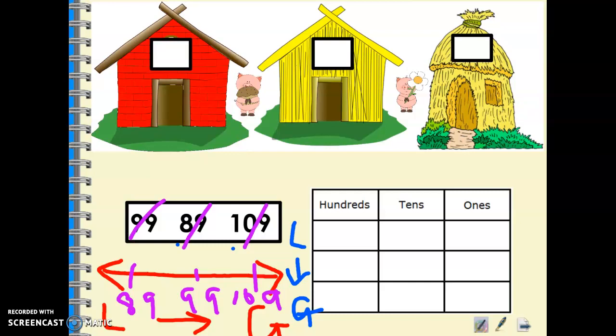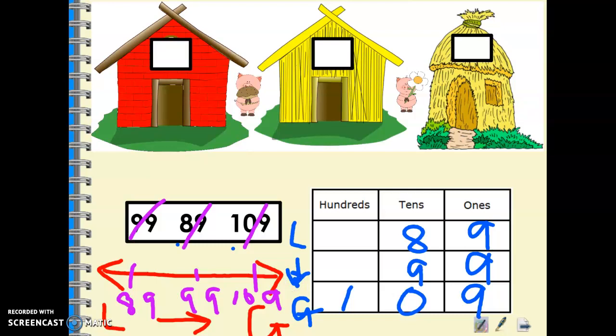So our least would be 8 tens, 9 ones. The next one is 9 tens, 9 ones, and then the greatest is 109 ones. So using the place value chart, we can list our numbers in order from least to greatest.